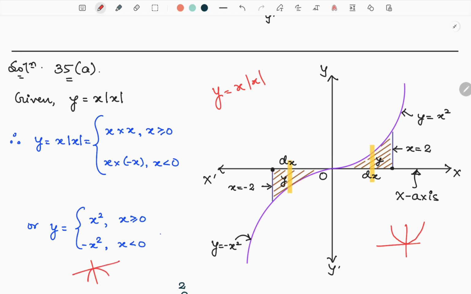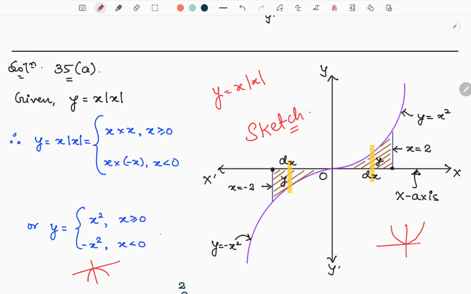So one part will be above the x-axis and one part will be below it. Although you will not get a different answer if you have drawn both graphs above the axis, your marks will be deducted because here a sketch is asked to be drawn. So keep in mind that the sketch should be correct.